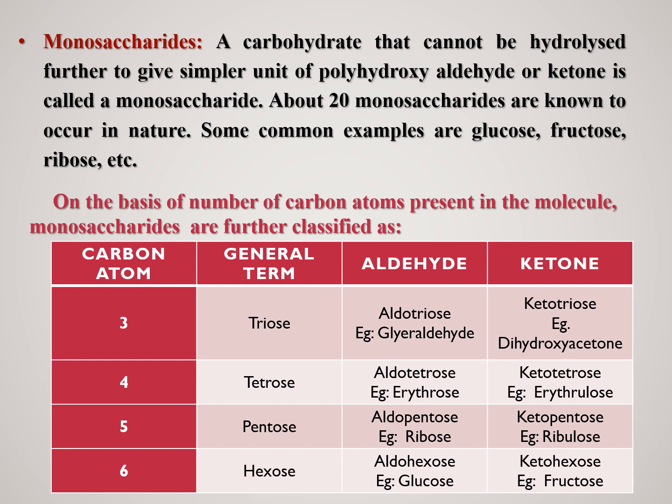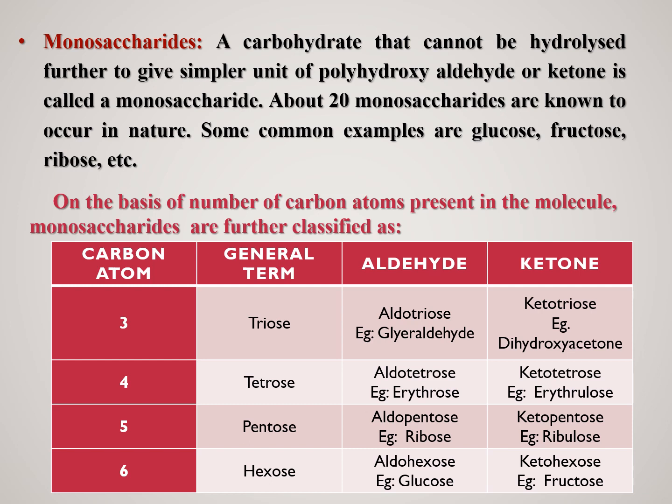So students, let us understand once again, if there are 3 carbon atoms, they are called trioses. 4 carbon atoms, tetroses. 5 carbon atoms, pentoses. 6 carbon atoms, hexoses. If there is an aldehyde, then they are all aldoses. If there is a ketone, they are all ketoses.